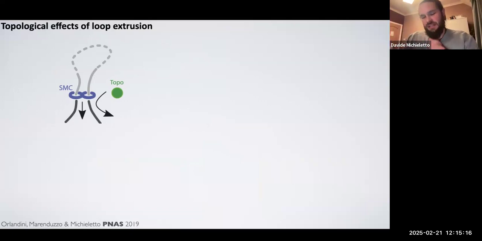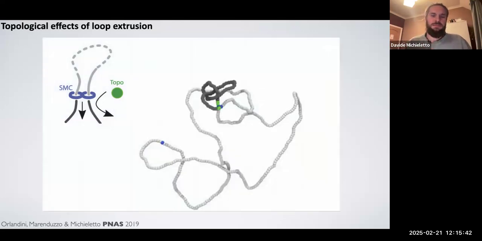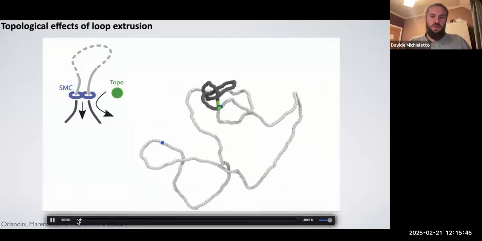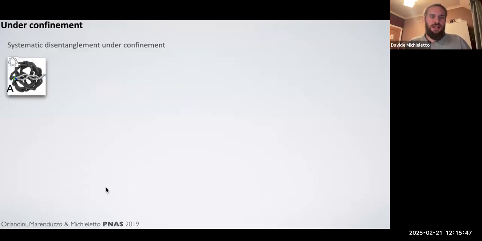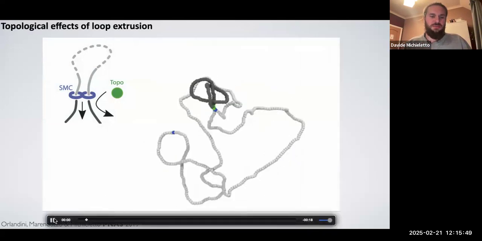This is another simulation I'm going to show you, and here, instead of having just loop extrusion, you also have the effect of a topoisomerase. Topoisomerase here is represented as some beads that are phantom. These beads allow other beads to cross through. It's not a perfect model for topoisomerase, but it's what most people use as a model for topoisomerase: you allow the polymer to cross through itself. Again, I'm showing you just the second half of this movie.